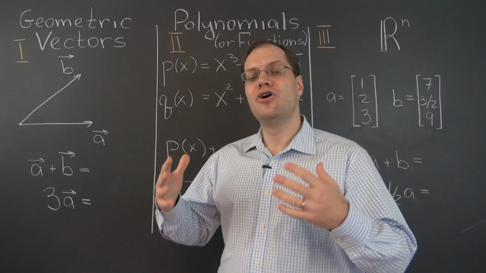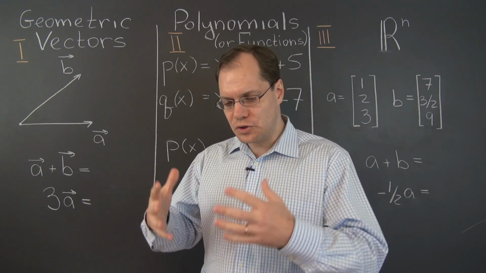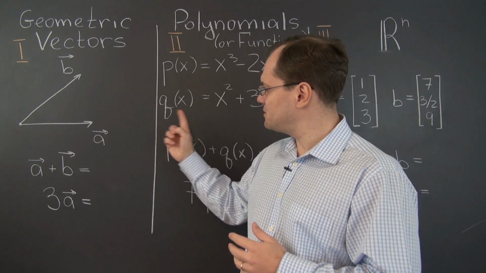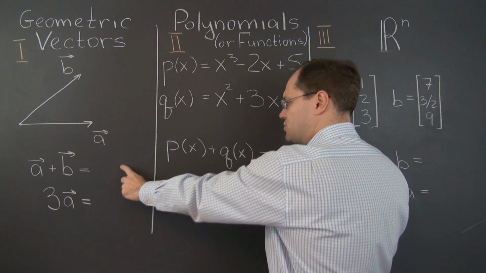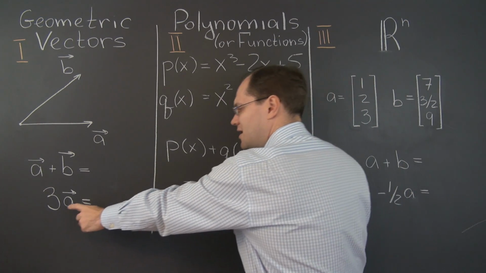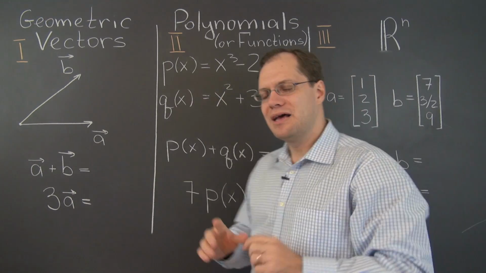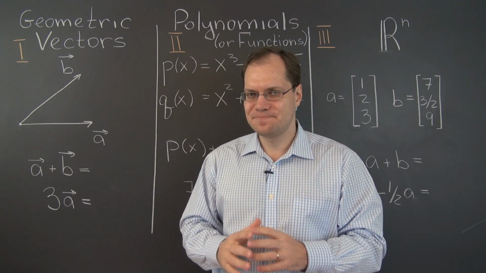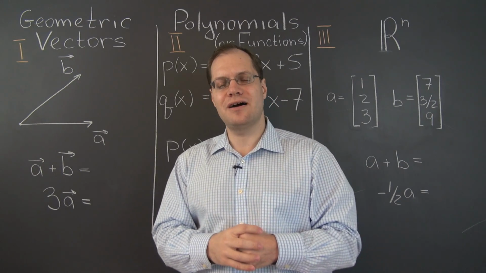And we'll repeat it over and over again, that linear algebra focuses on the similarities between objects. And the similarity between these two types of objects is that they can both be added together to produce another object of the same kind and multiplied by numbers to produce another object of the same kind. And that's probably it. There's probably nothing else that polynomials and geometric vectors have in common.